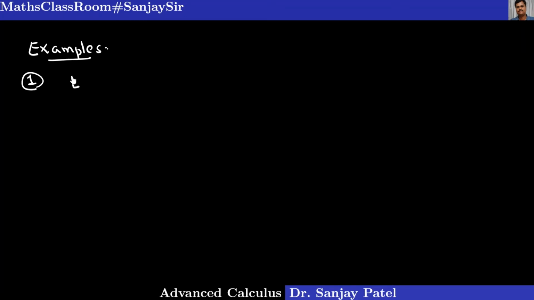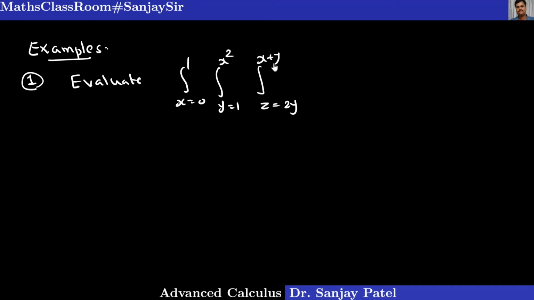Evaluate the integral x is equal to 0 to 1, y is equal to 1 to, say, x square, and z is equal to 2y to x plus y of the function x, and it is dx, dy, dz.